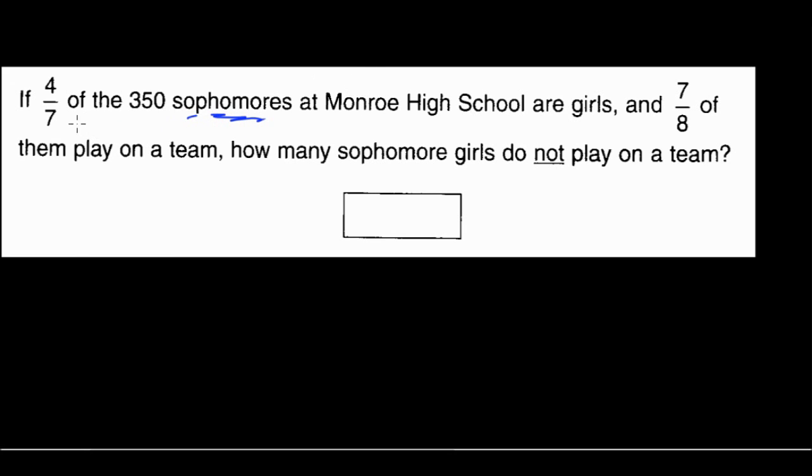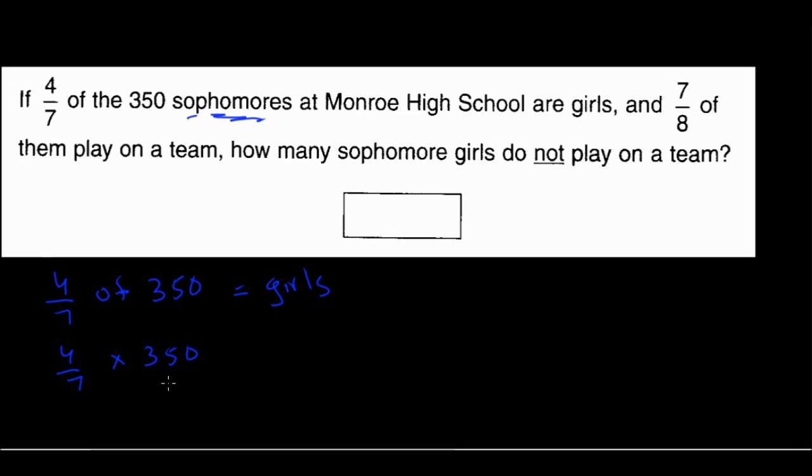The first thing it says is 4/7 of the 350 sophomores at Monroe High School are girls. So let's do that calculation. 4/7 of 350 are girls. Whenever you see "of" like this, take it out and put a product sign. It means you're multiplying.